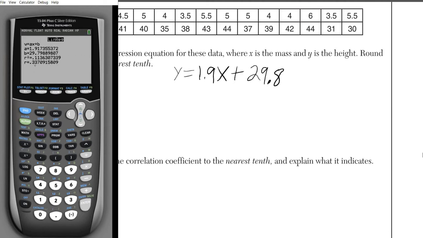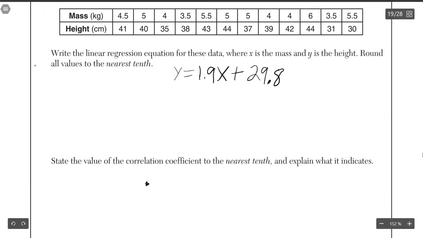So this R is the correlation coefficient. Our correlation coefficient is 0.3, rounded to the nearest tenth. And what does that indicate? Well, the correlation coefficient is a number between -1 and +1. -1 shows a strong negative correlation. +1 shows a strong positive correlation. 0 shows no correlation.